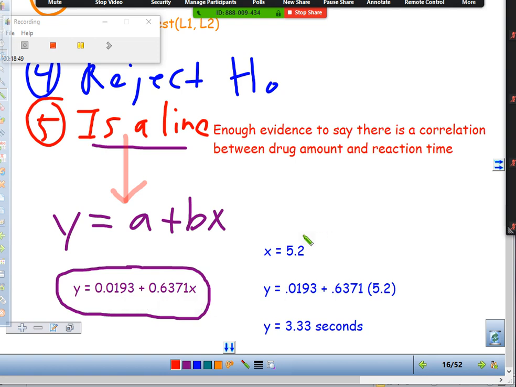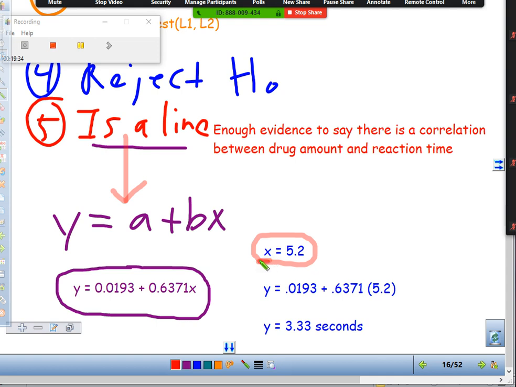Okay, so now the question you guys were asked was, if x is 5.2%, then what would be my reaction time? What would be my y? What's the y that goes with this x? That's the question. So percentage, you always get the percent. And 5.2% is that your x or your y, and you figure out it's your x.